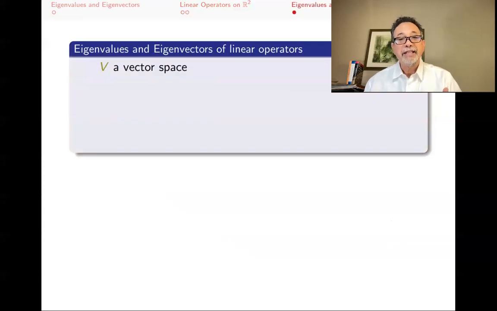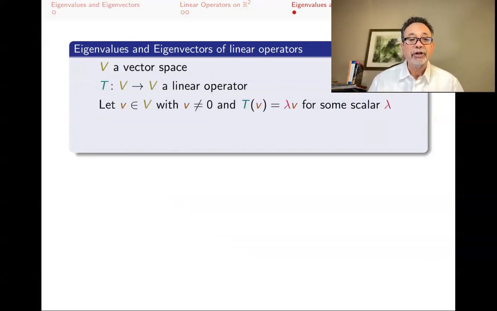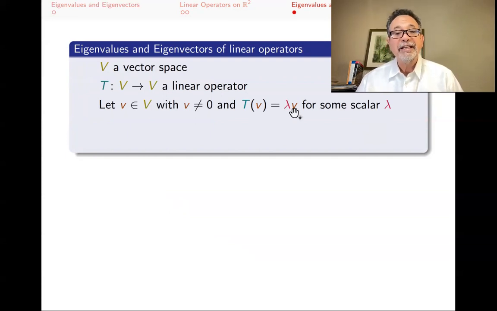So let me repeat now what I had at the beginning in light of what we just saw. If V is a vector space and you have a linear operator T, then if you have a vector v that, when you apply the linear operator to it, you get a scalar multiple of it, for some scalar lambda, and v is not 0.